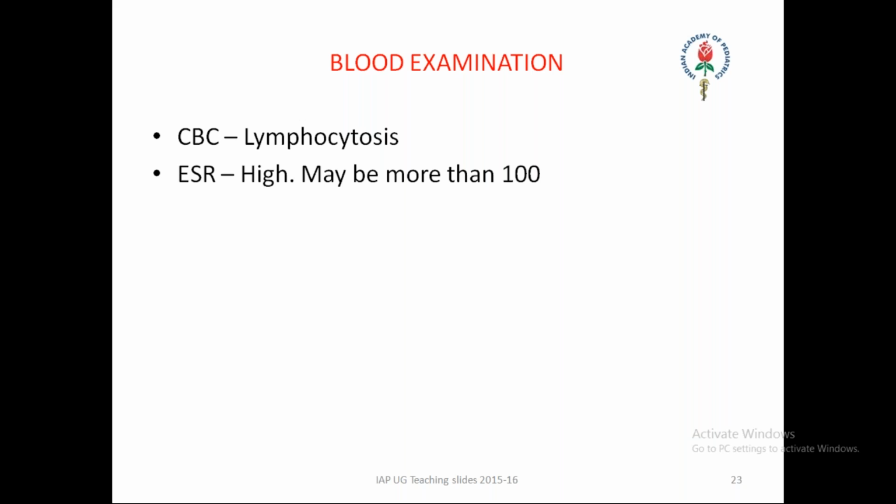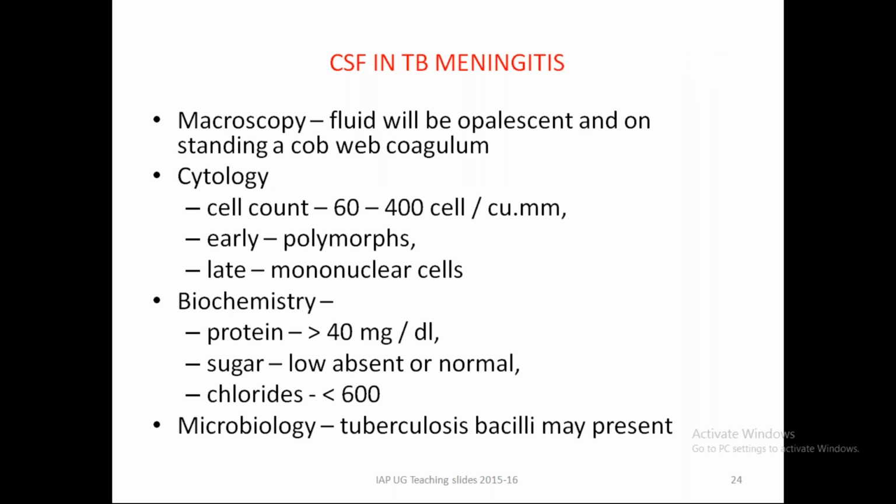Coming to the blood examination, you have to send a general CBC and look out for lymphocytosis, presence of lymphocytes. ESR will be quite elevated, usually more than 100. CSF in TB meningitis: on macroscopy examination, you can see a cobweb coagulum formation when the CSF is let stand for 30 minutes.